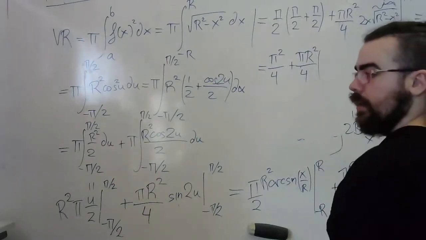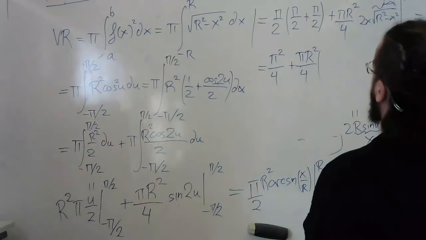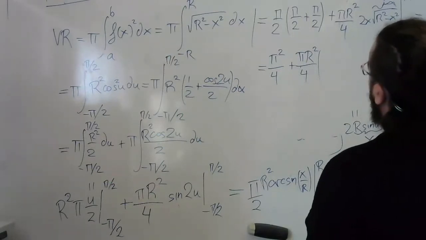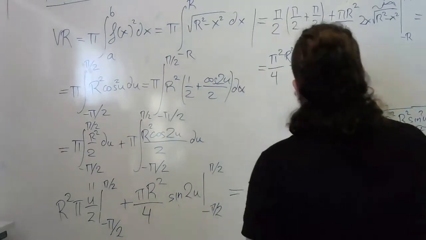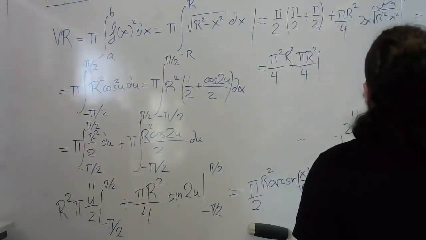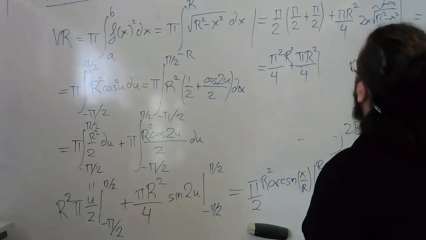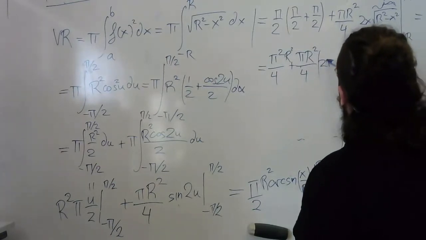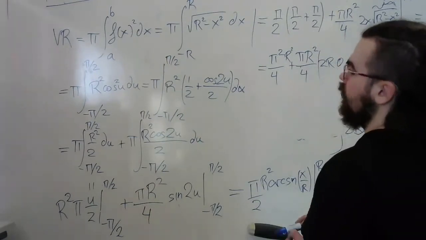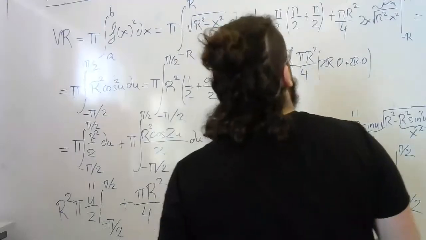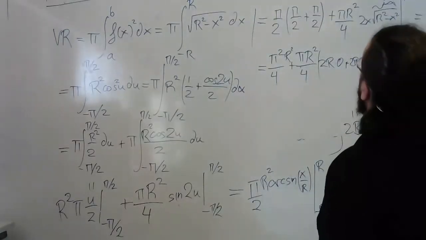Huh. You guys are going to kill me, but there's a mistake somewhere, because this is 2r times 0 plus 2r times 0, which is not working. Okay, this happens sometimes. So I'm going to start over.